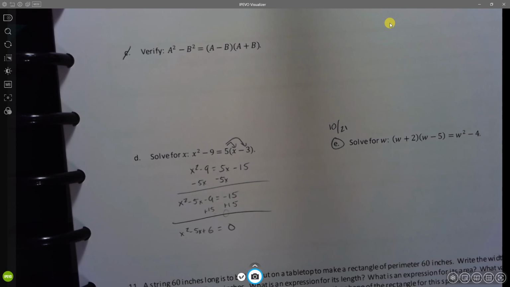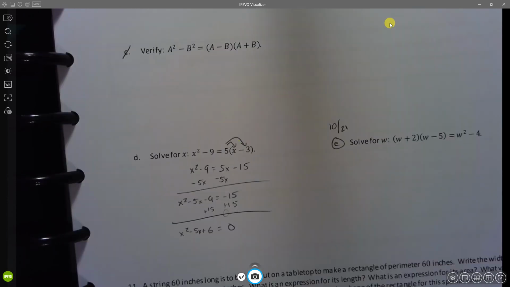This is something that we have to factor. And I know you're sitting here like, what do you mean we have to factor, Mr. Hale? So when you've got a trinomial, the goal is that you want to factor it back into two binomials. Because we're not going to use the quadratic formula to find the solutions. We're going to factor into binomials.